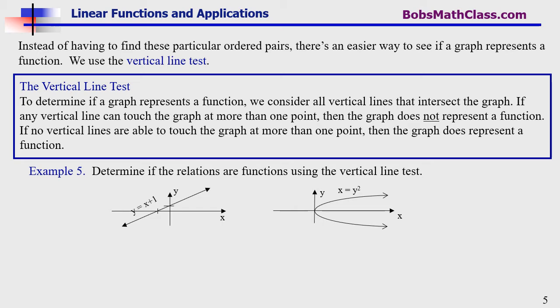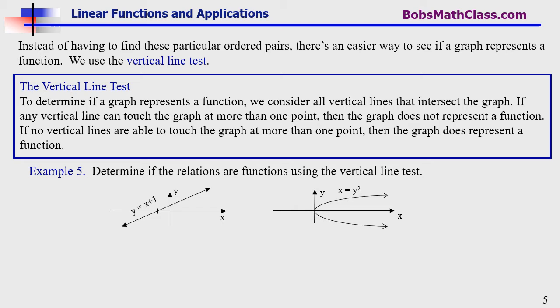That last slide was a little complicated. So instead of having to find these particular ordered pairs, there's an easier way to see if the graph represents a function. It's called the vertical line test. Okay, the vertical line test. To determine if a graph represents a function, we consider all vertical lines that intersect the graph.